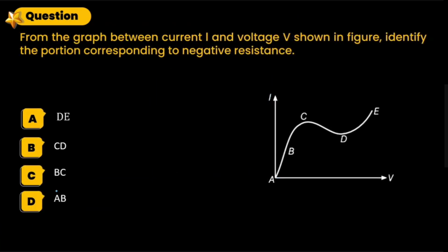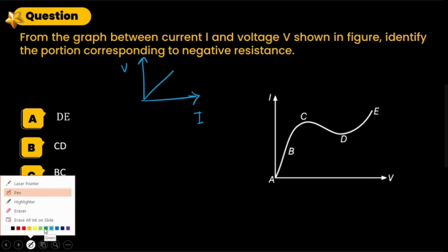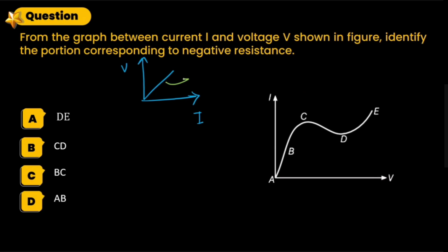Next, to keep this graph in mind, whenever we are talking about the VI curve, a straight line is obtained. This straight line is also explaining one more aspect of the conductor. That is, its slope is equal to resistance.